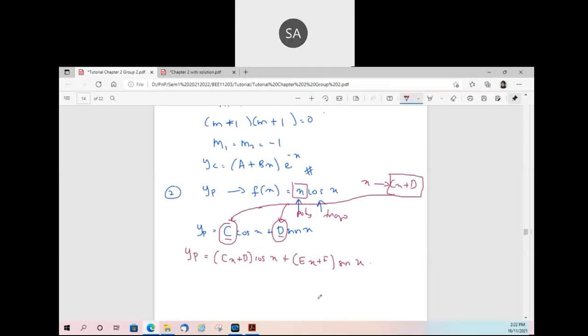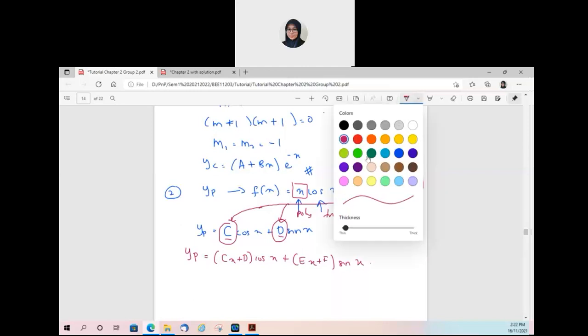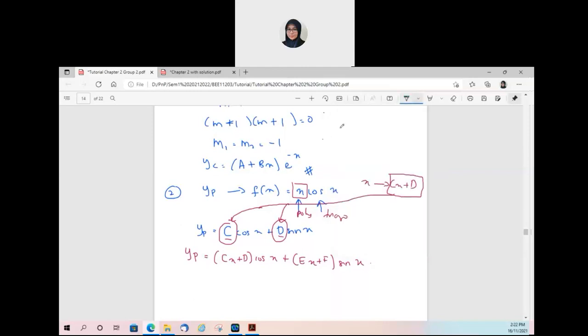Faham. Ya, saya. Ni kiranya tak boleh pakai YP1 dengan YP2. This one you cannot use YP1 and YP2. Kalau FX awak sama juga dengan X kuasa 2 tambah cos X, then this one you kena pakai.